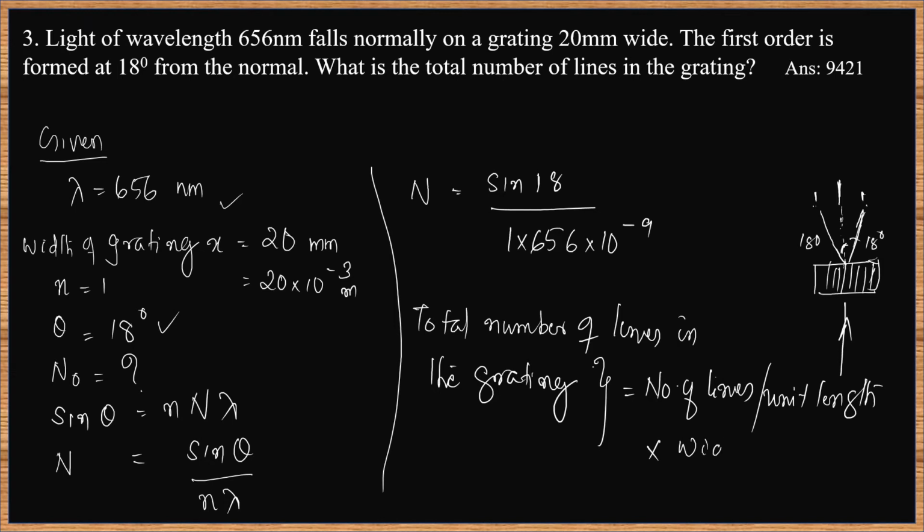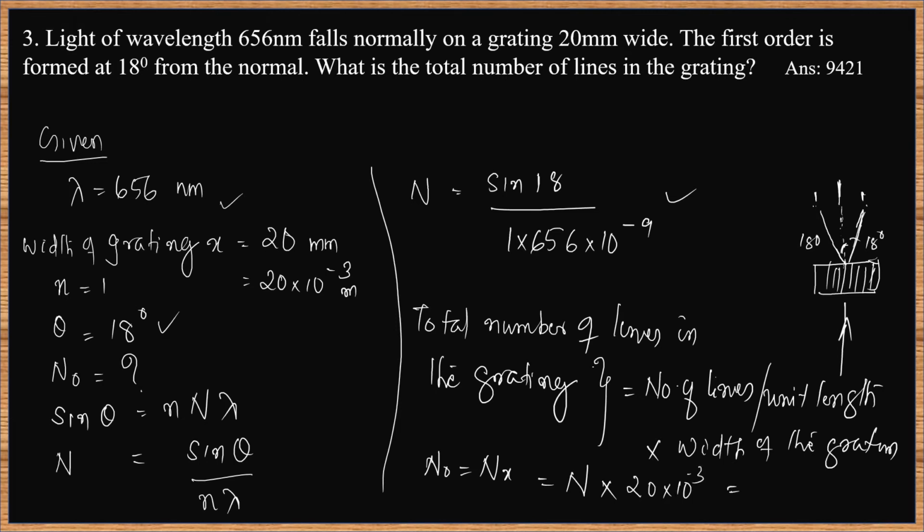So n0 is equal to n into x, that is equal to sine 18 divided by 1 into 656 into 10 raised to minus 9, and we need to multiply that n with x, which is 20 into 10 raised to minus 3.